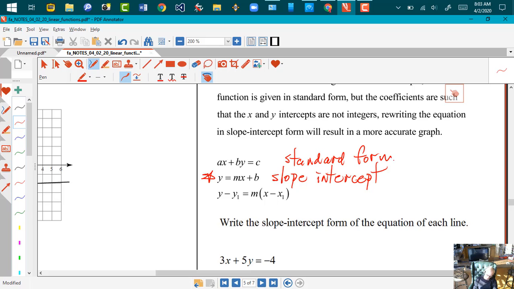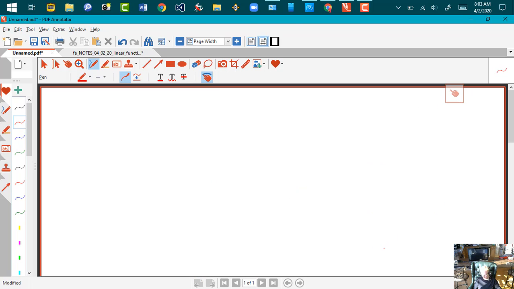And this is referred to as the point slope form because you need a point and the slope. For slope intercept, you need a slope and the intercept. So it's pretty straightforward with the names of slope intercept and point slope form of a line.